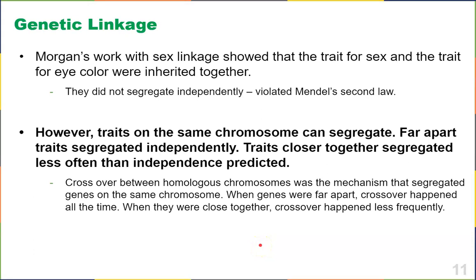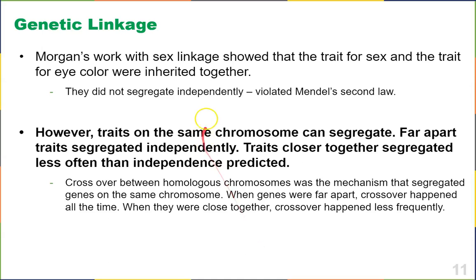Okay, so genetic linkage. T.H. Morgan's work with that fruit fly sex linkage did show that the trait for sex and the trait for eye color were inherited together. So that means that they were located on the same chromosome. So that supports the idea that chromosomes contain multiple genes.